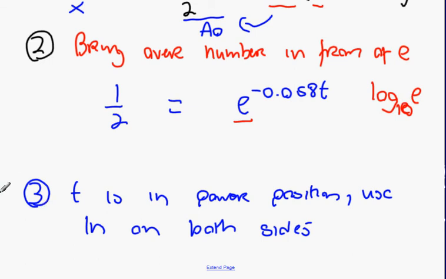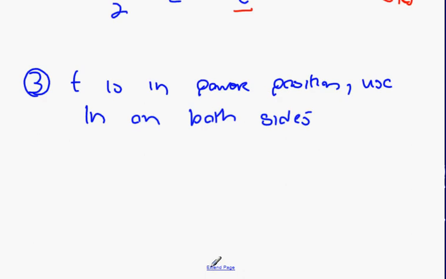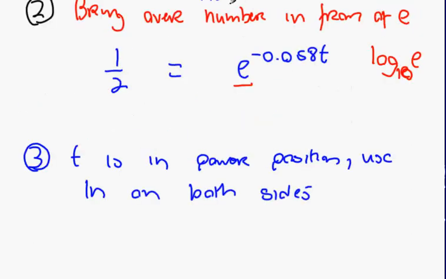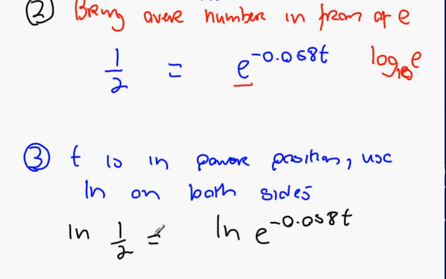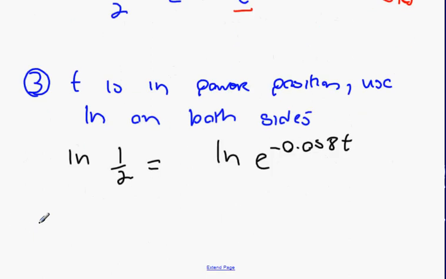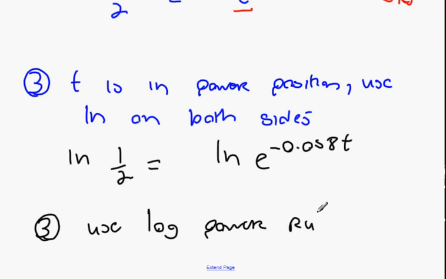Now that that's done, we're going to ln both sides. So we get ln a half equals ln e to the minus 0.058t. What's the next step? Use the log power rule, which brings the t to the front.